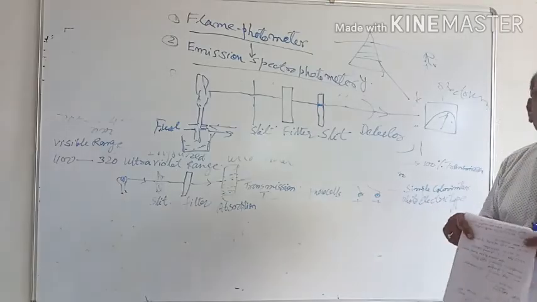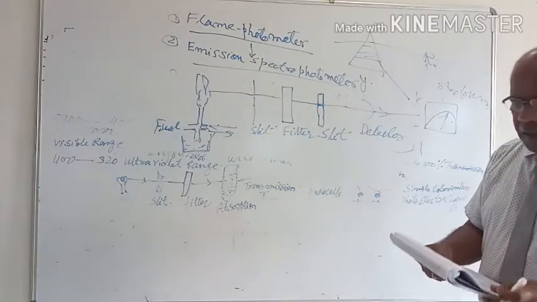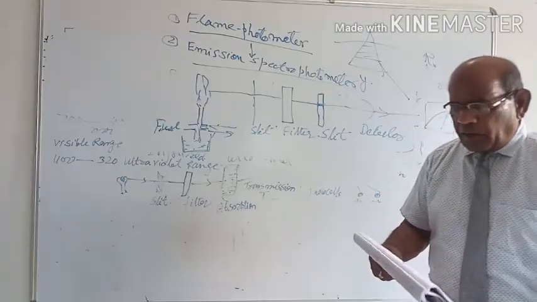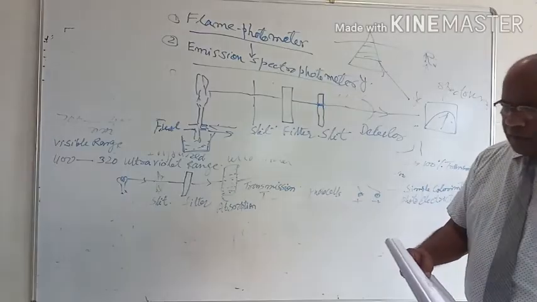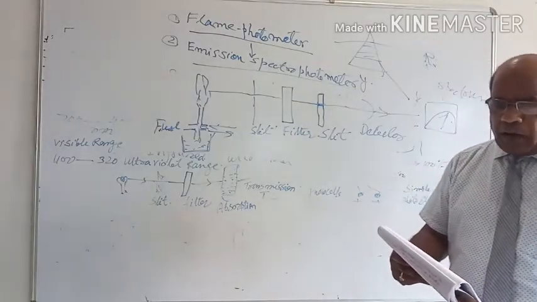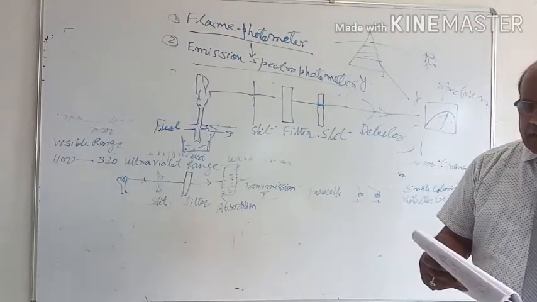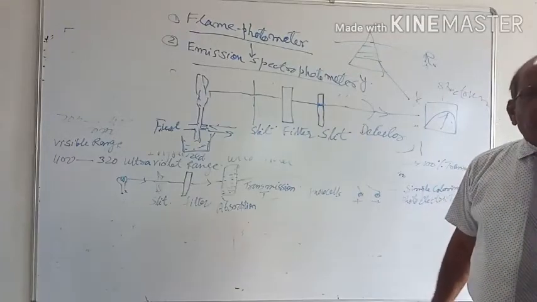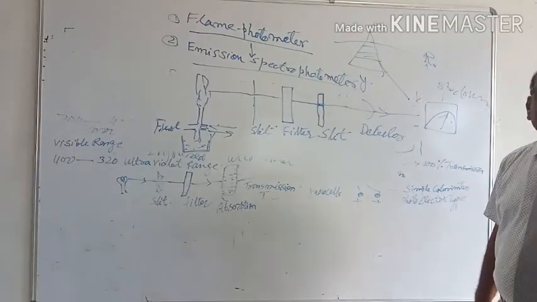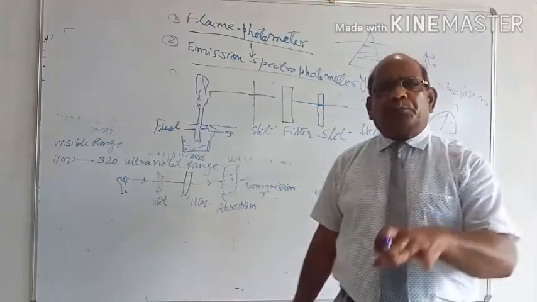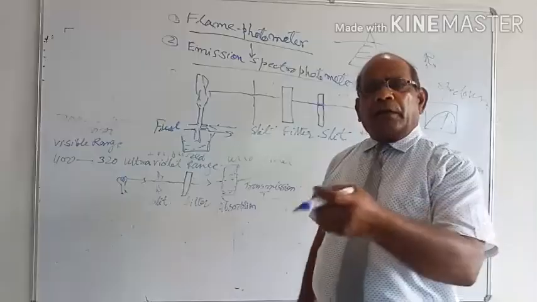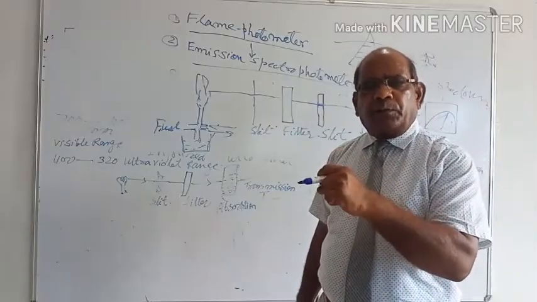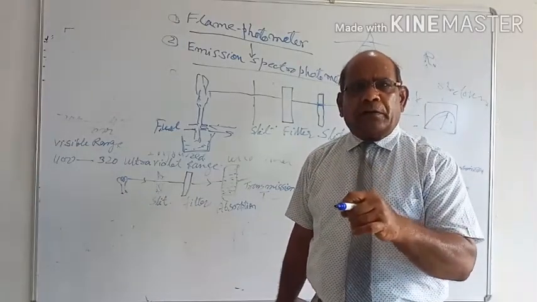The basic principle of flame photometry is that the amount of light emitted is proportional to the number of atoms or concentration of the element in the solution. The principle of flame photometry is the same as the principle of spectrophotometry or atomic absorption spectrometry or colorimetry.